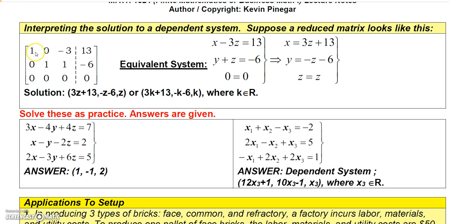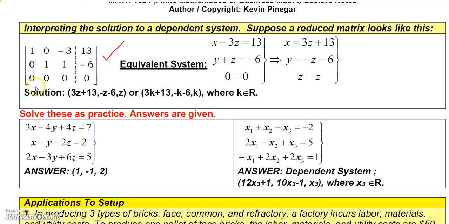Okay, so on this one, I'm just going to show you what would happen if the problem had turned out like this. So let's say you solved a problem and your final matrix turned out to look like this. So let's say you had 1, 0, negative 3, 13, 0, 1, 1, negative 6, and you had just a row of all zeros on the bottom.